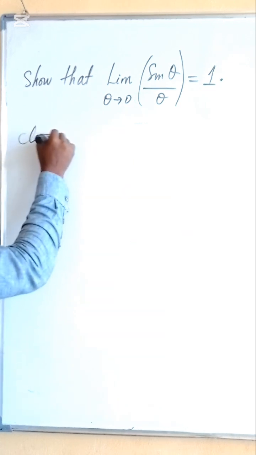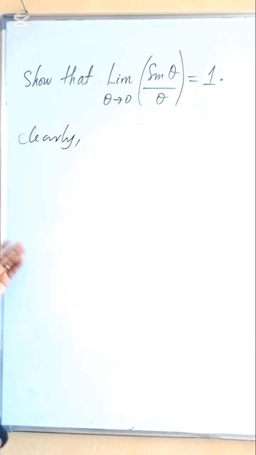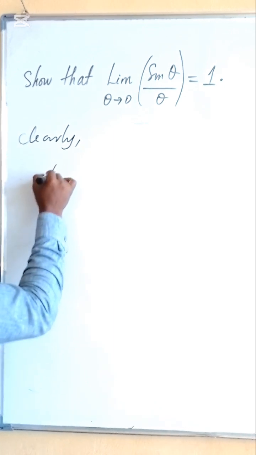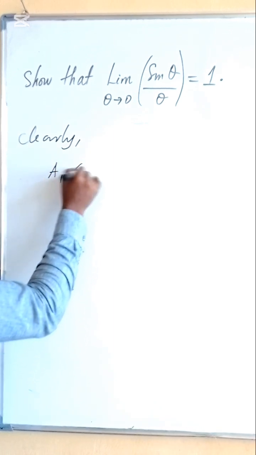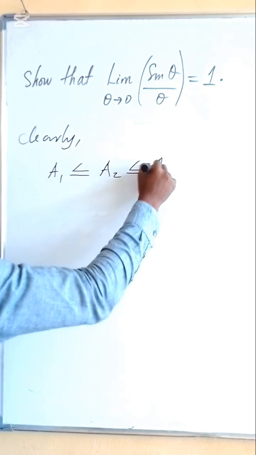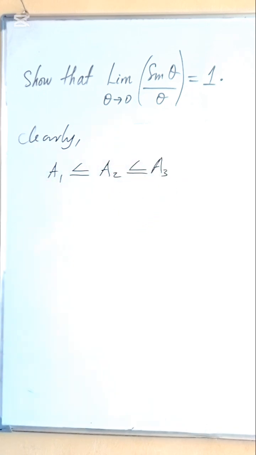Clearly, from the diagram we had drawn previously, you will notice that the area A1 is less than or equal to the area A2, which is less than or equal to the area A3. That is obvious from the relationship in that diagram.